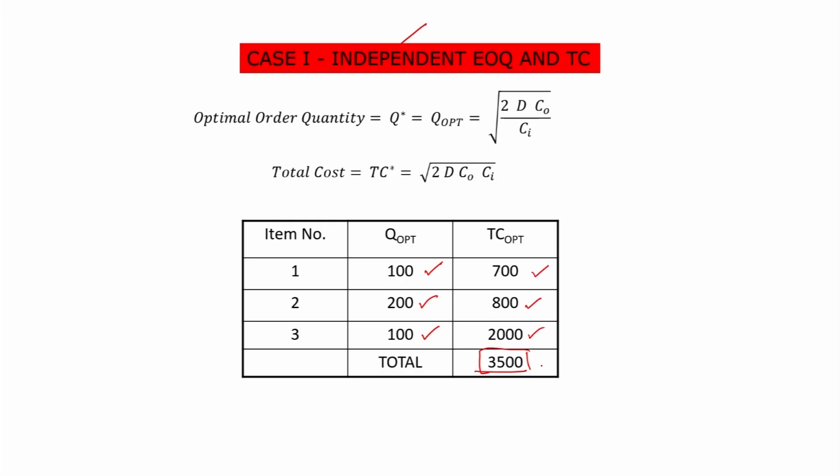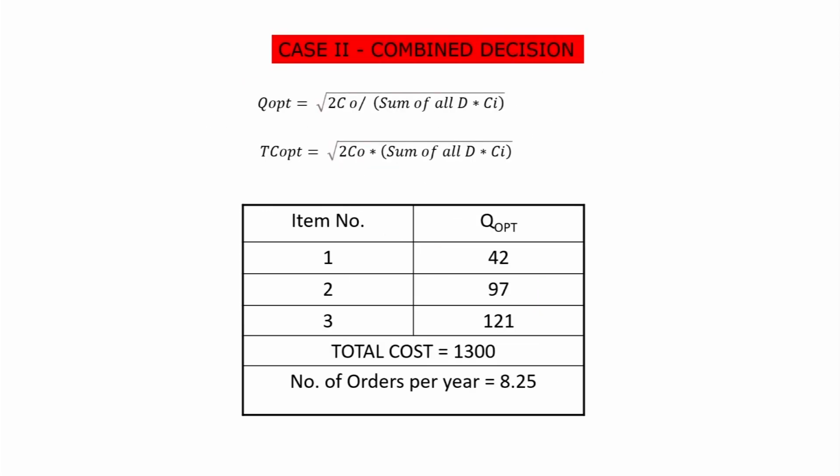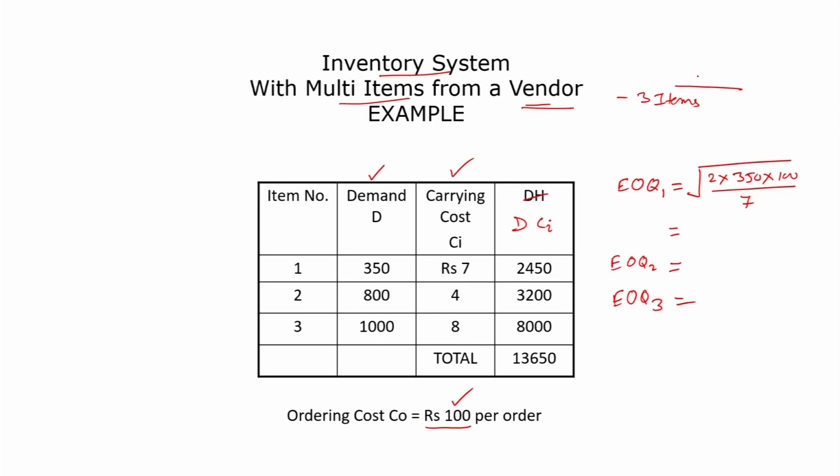On the other hand, if we consider them together, then the formula will change to square root of 2 into C_O divided by the sum of all D into C_I. So, that is what we calculated in this table.